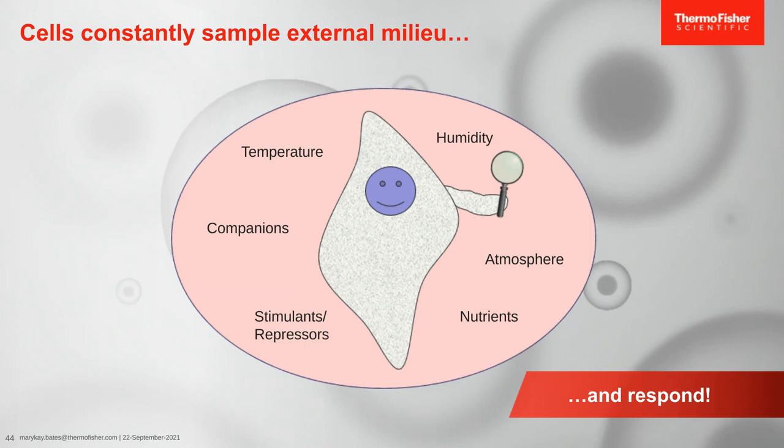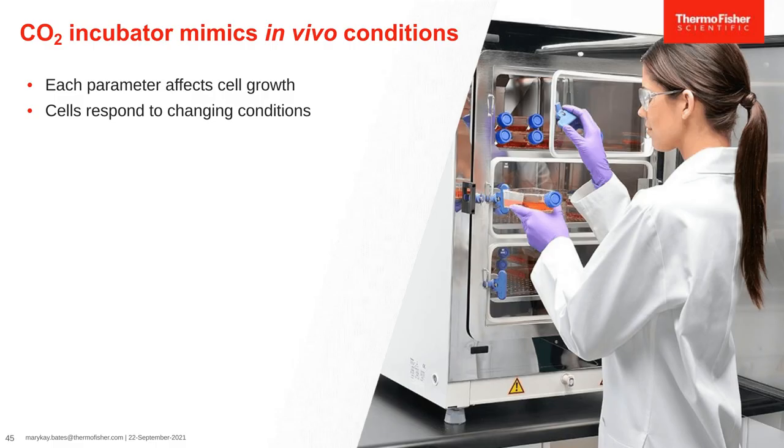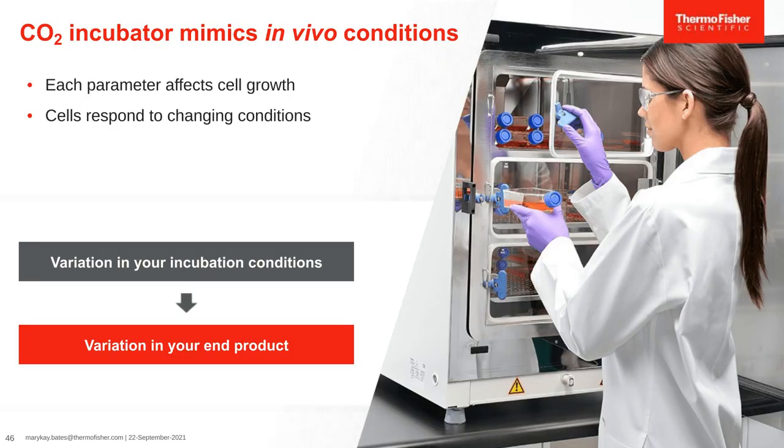And they respond to these different triggers. And so because the CO2 incubator is designed to mimic in vivo conditions, because each parameter affects cell growth, and as I just pointed out, cells respond to those changing conditions, that means that any variation in your incubation conditions can result in variation in your cell therapy in the end.